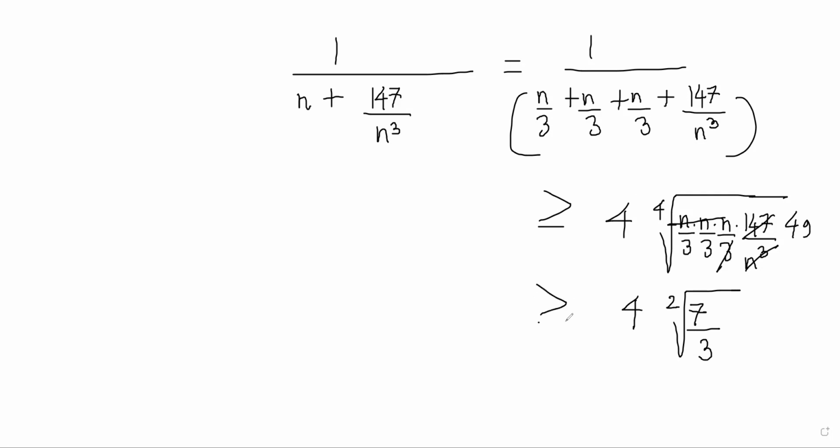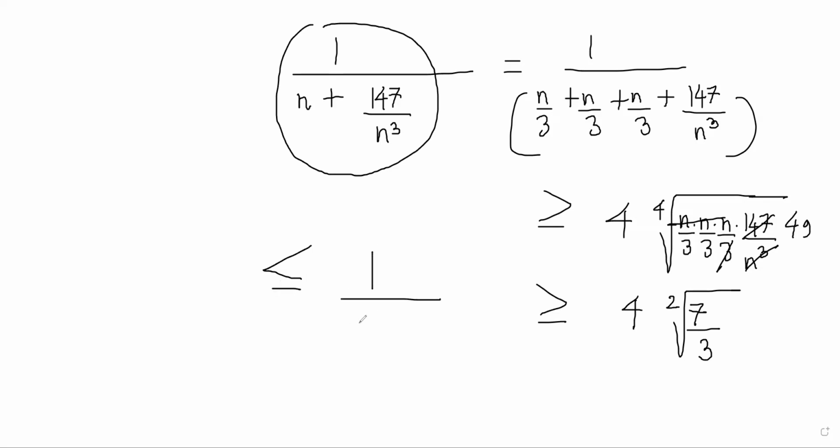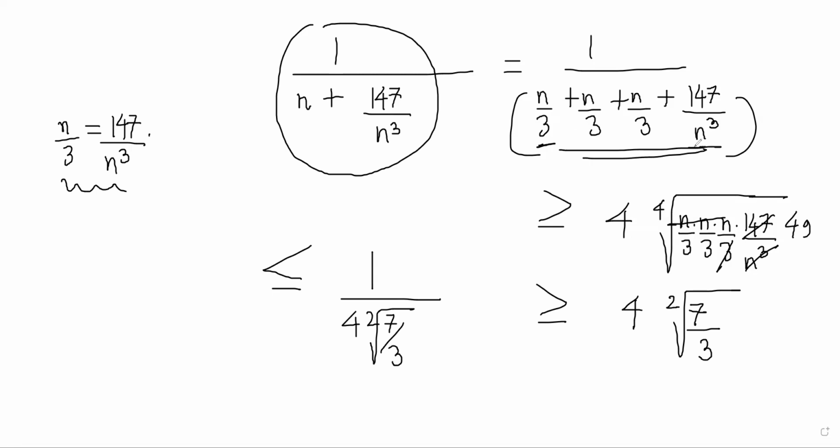Yes, getting greater than or equal to square root of 7 by 3. So this thing is greater than this, so the whole term will be less than or equal to 1 by 4 times square root of 7 by 3, and that equality will happen when n by 3 is equal to 147 by n cube. Yes, sir. AM-GM has equality when the terms are equal.